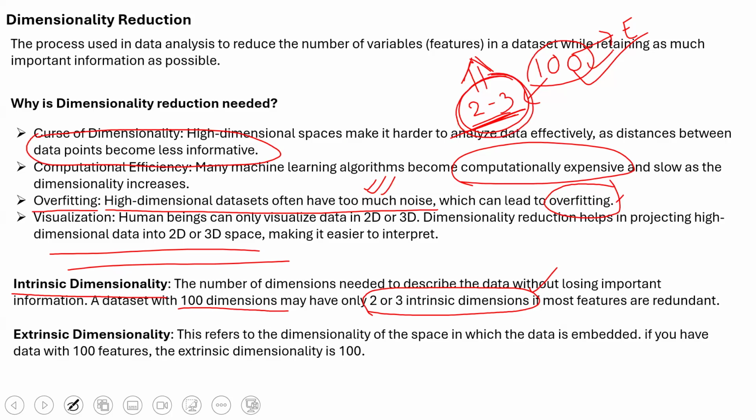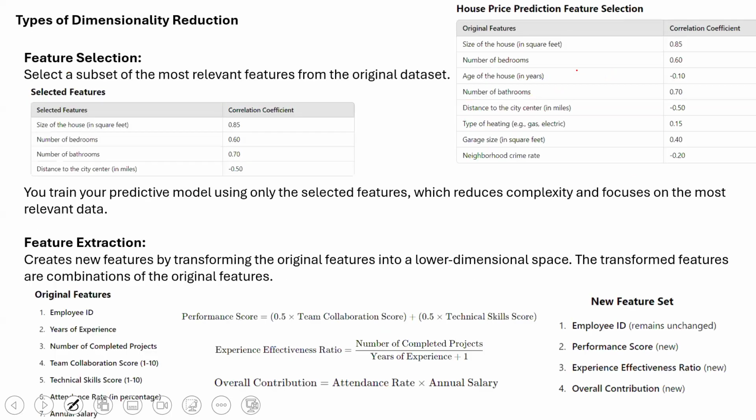That is what principal component analysis, singular value decomposition, and linear discriminant analysis will help you with. These 3 concepts will help you find these 2 to 3 columns out of the 100 columns that you have. Okay, so that is the difference between intrinsic dimensionality and extrinsic dimensionality.